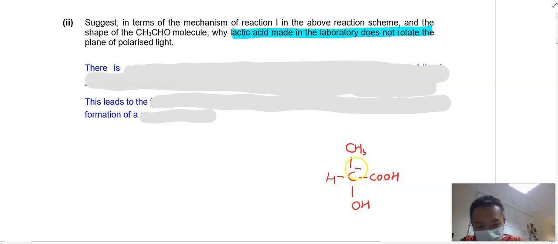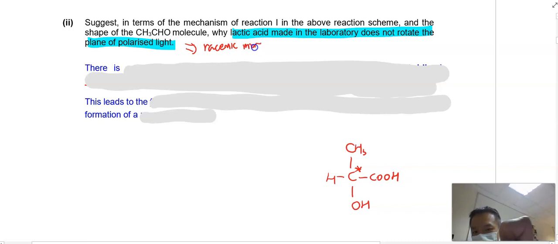So you can see there's a chiral carbon over here, but why is it that it does not rotate plane-polarised light? If there's a chiral carbon and it does not rotate plane-polarised light, this must mean that it is a racemic mixture. So why is it that in the mechanism we result in a racemic mixture? Because in the mechanism in 1, we are looking at ethanal, right?